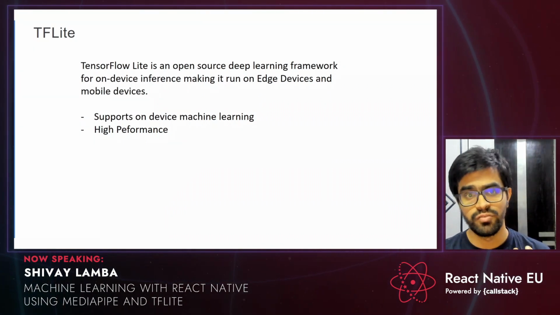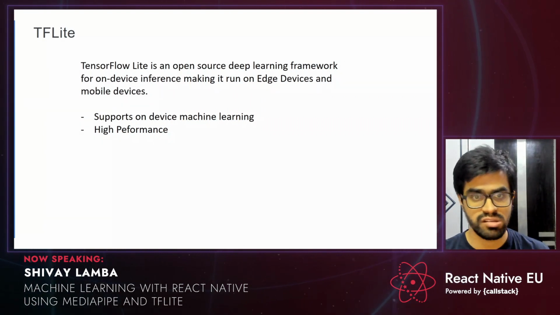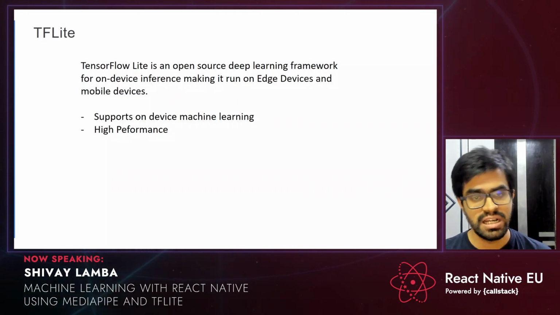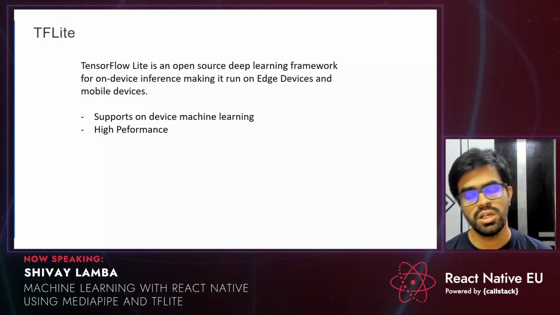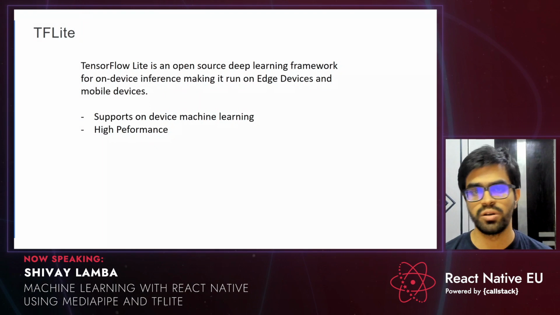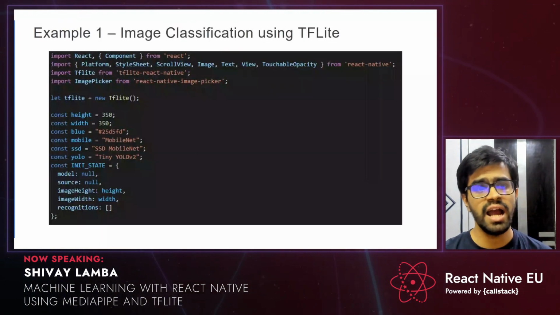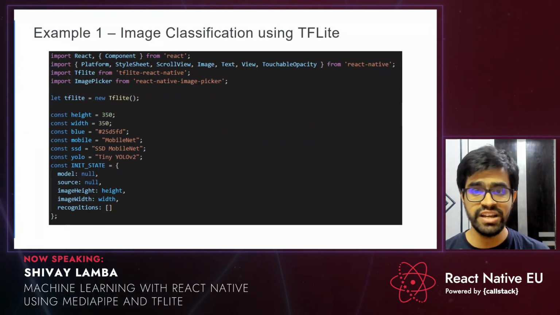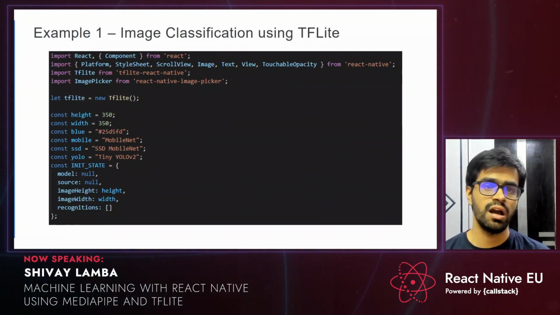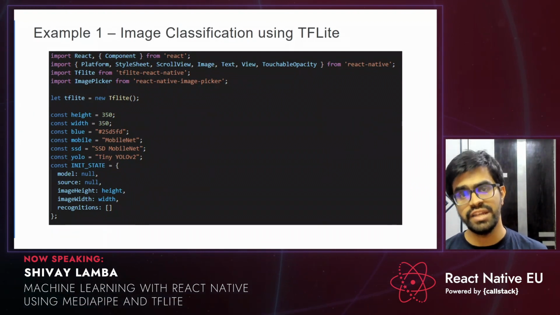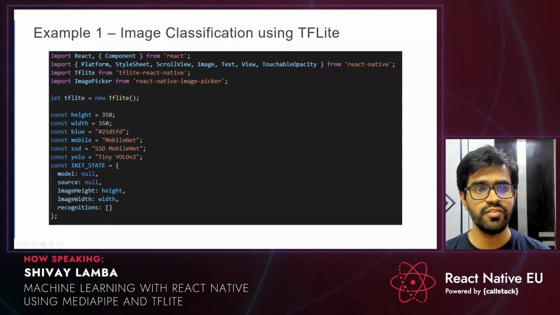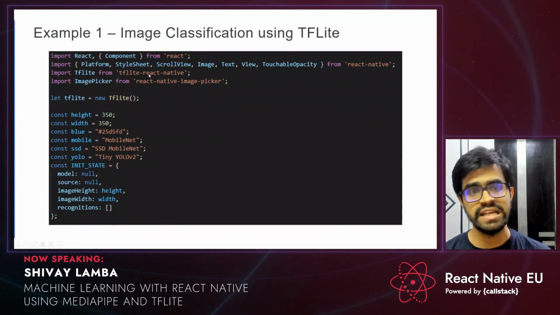After having converted a model that has been written, let's say, in TensorFlow and Python, you can convert it into a corresponding TFLite format, and that will help you run those on React Native on mobile-based devices. Let's take an example of TFLite being used for an image classification problem in React Native. As you can see from the code, in essentially the third line, we're importing the TFLite React Native package.